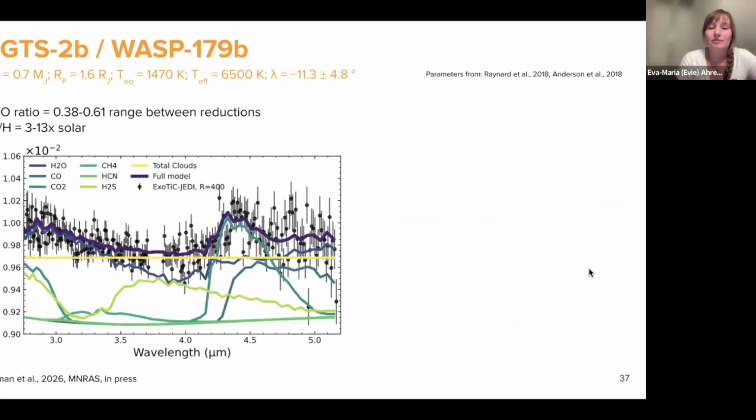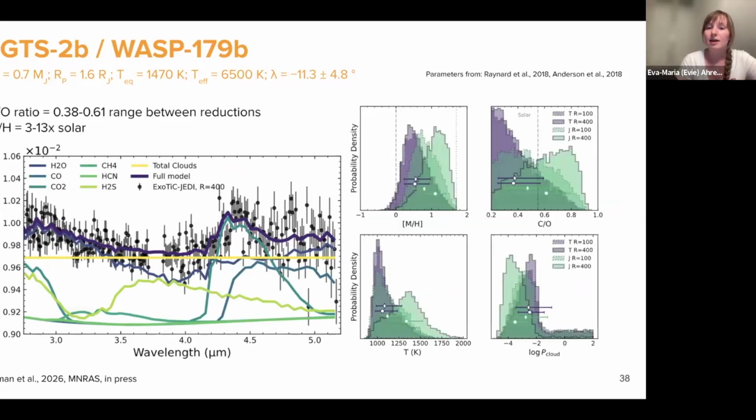She actually found similarly that there were constraints on the clouds to some degree, and on the C-to-O ratio and metallicity, but there was also an issue with the individual reductions preferring different solutions, and we had the same issue that the feature strengths were too small to distinguish between metallicity and clouds. I want to show this here as well with the individual reductions.